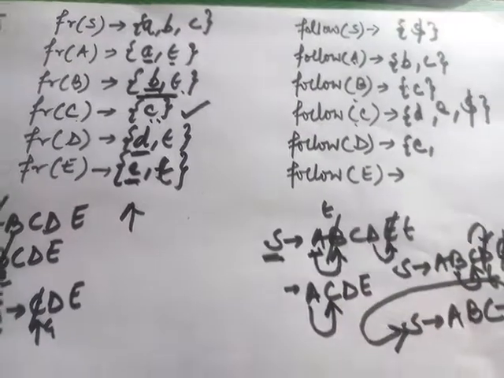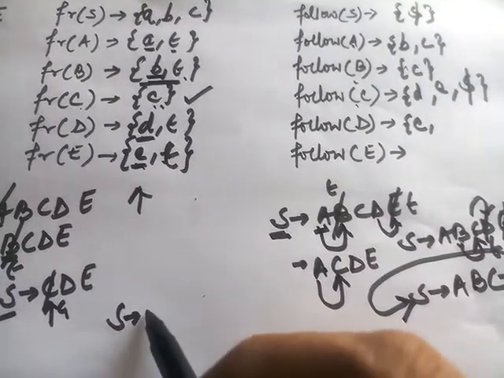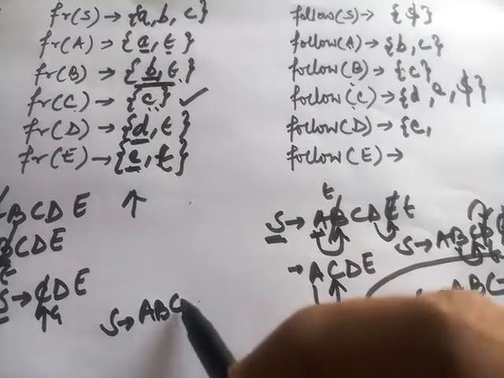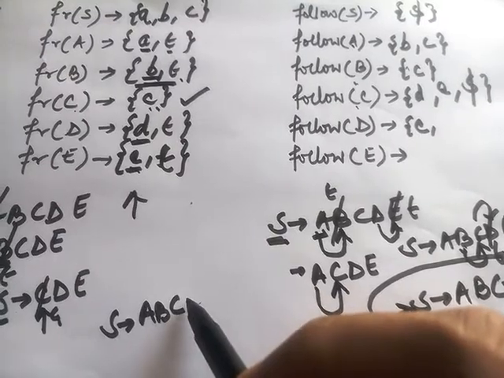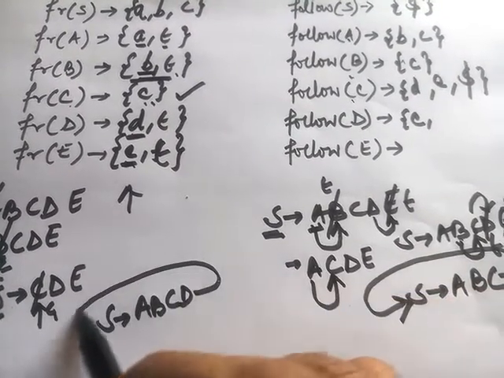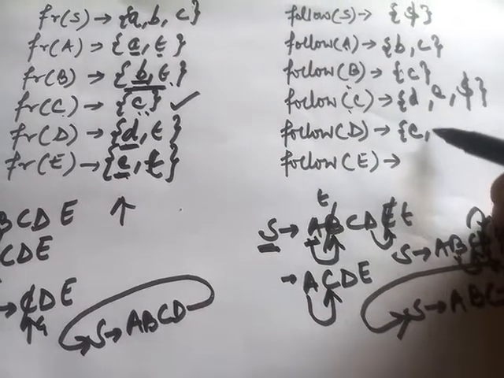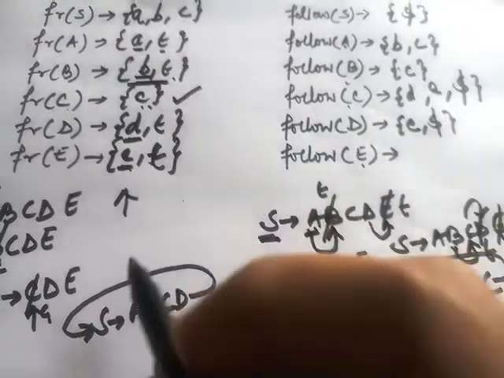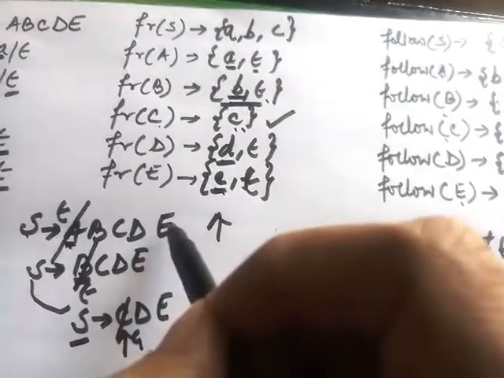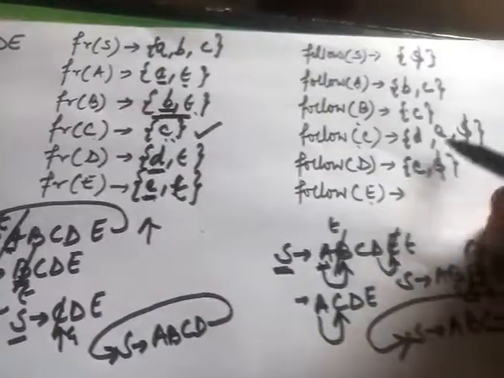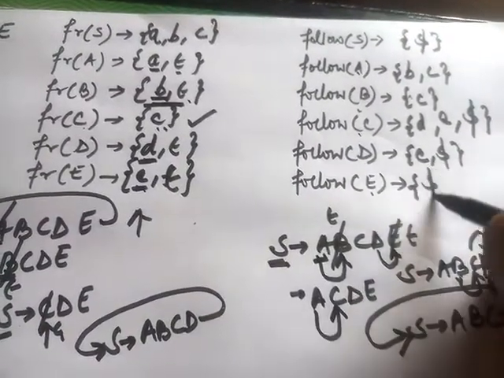So it becomes S generates A, B, C and D, and epsilon means nothing. So follow of D is follow of S, means dollar. And finally, what is follow of E? As you can see in this statement, after E there is nothing, so we have to take follow of S, that is dollar.